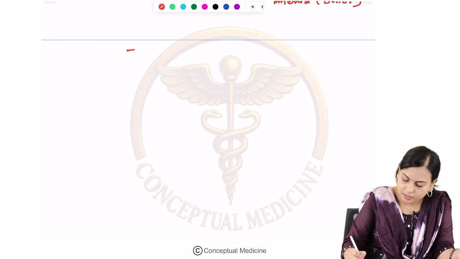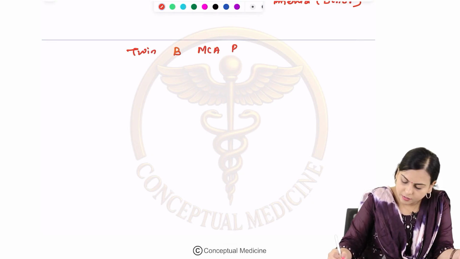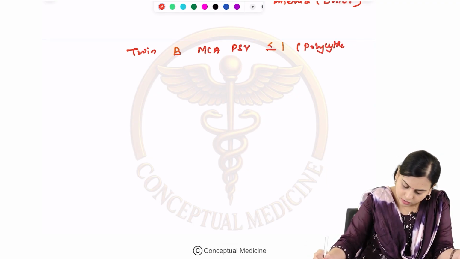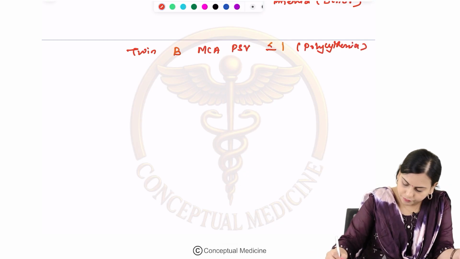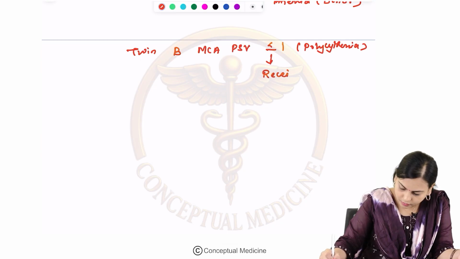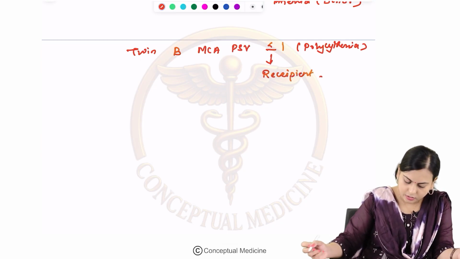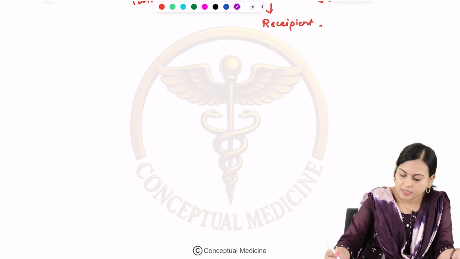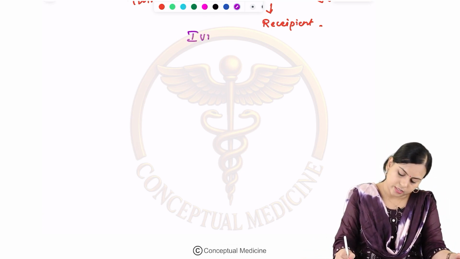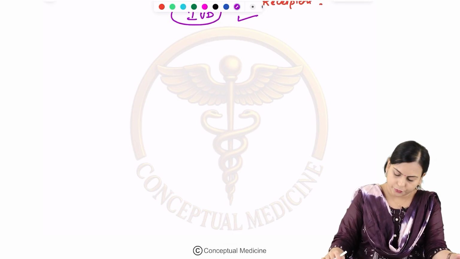And twin B MCA peak systolic velocity is going to be less than or equal to 1, which denotes polycythemia. That means this is going to be a recipient twin. And sometimes IUD can also occur. So, intrauterine death chances are also more.